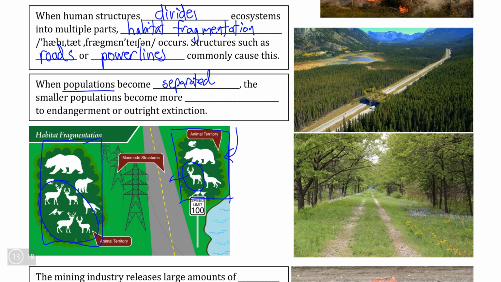And if this caribou were to be killed by a car or simply hunted by a large predator population, that means that the caribou population in this ecosystem here is a lot more vulnerable to endangerment or even outright extinction if the numbers are too low to support a viable population. So even the process of building a road and separating an ecosystem can create long-lasting consequences for organism populations, especially if they are smaller.